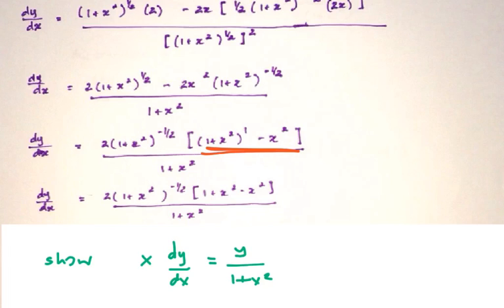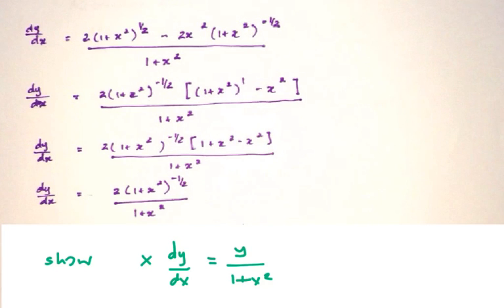Anything to the power of 1 is itself, so this is simply 1 + x² minus x², and x² minus x² is going to give me 0, and then 1 plus 0 is going to give me 1, and 1 times anything is itself. So my numerator now becomes 2 times (1 + x²)^(-1/2), divided by 1 + x².